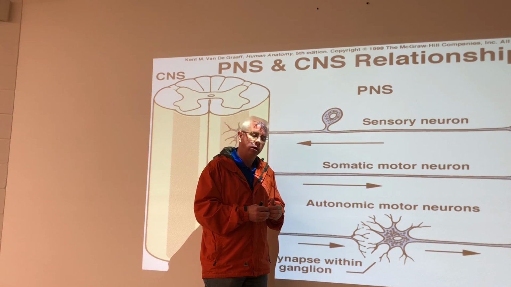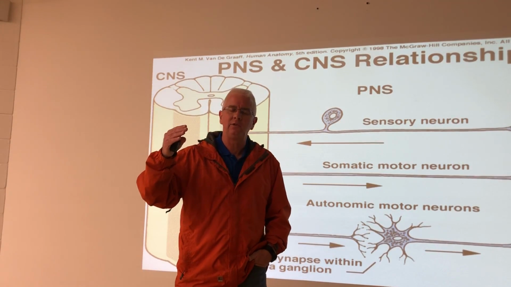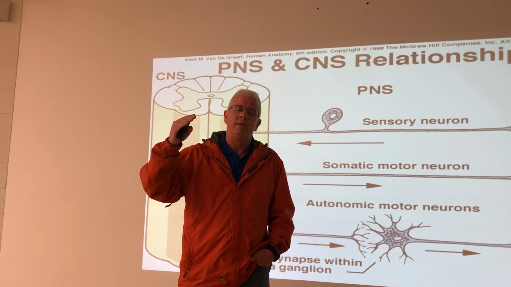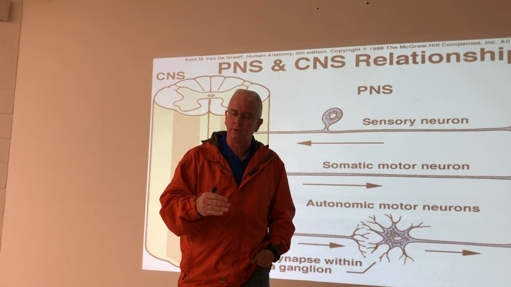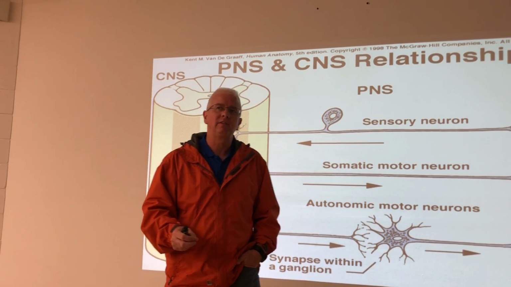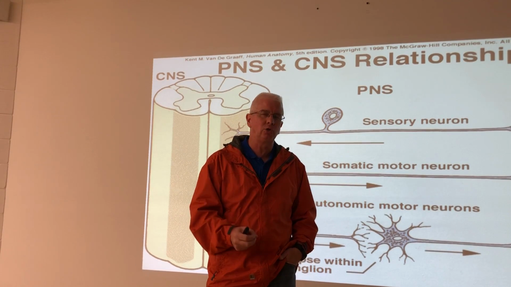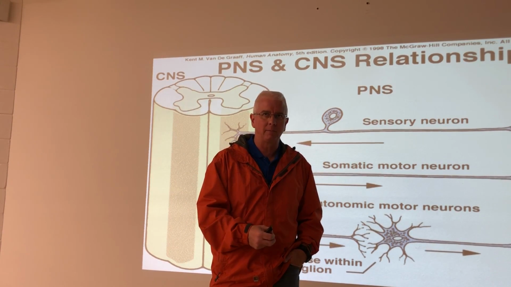Okay? So we're going to have, in our outline here, the first piece you have is the nervous system can be divided into central and peripheral, and I will do that anatomically. The nervous system can then be divided into functional components, and we call those somatic and autonomic.